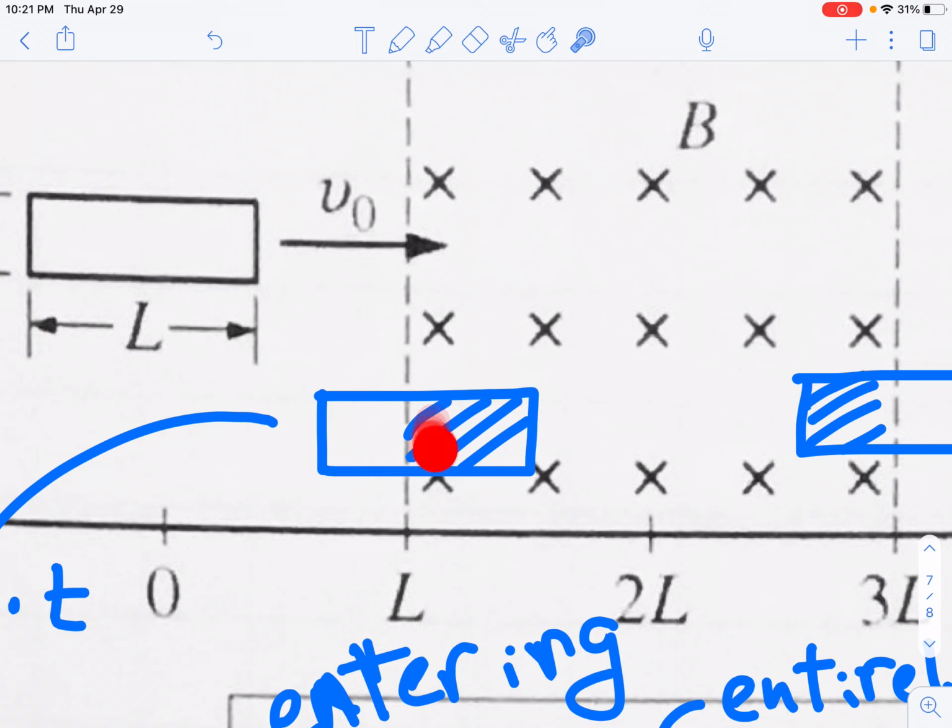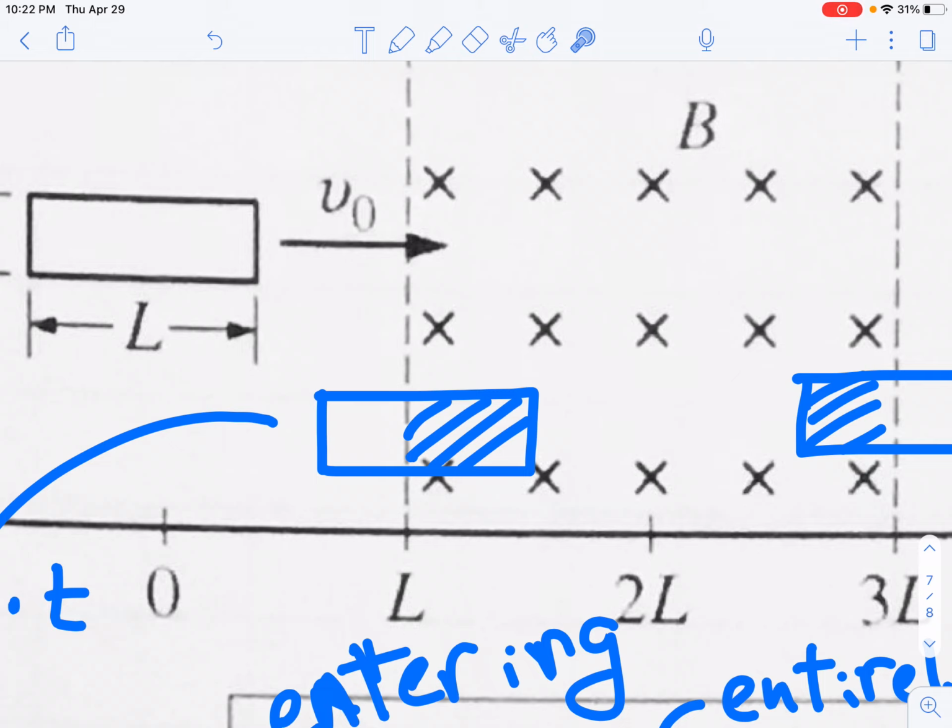Now, as this enters, what's happening to the flux? Well, the area is increasing. That's going to increase the flux. So the increase in flux points in the same direction as the magnetic field, into the page. The current wants to create a magnetic field which opposes that. So you point your thumb in the opposite direction as the change in flux. Change in flux was in because area was getting bigger.